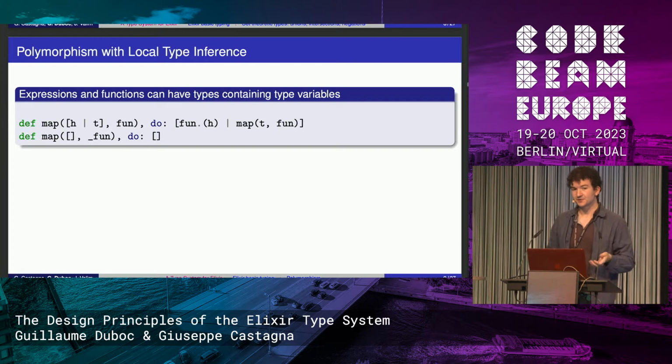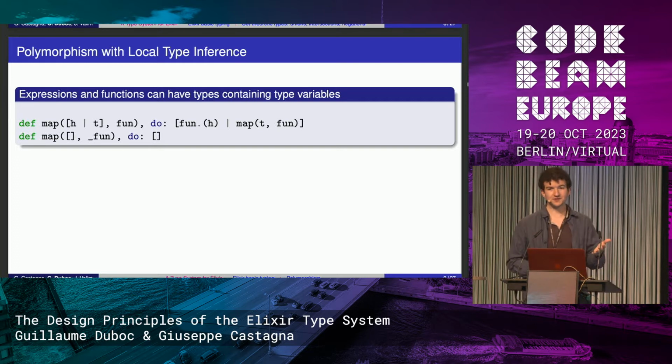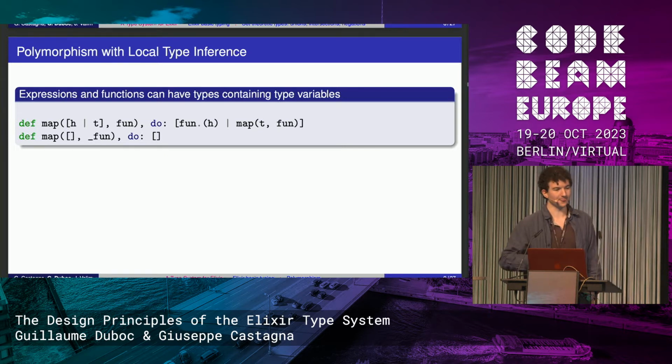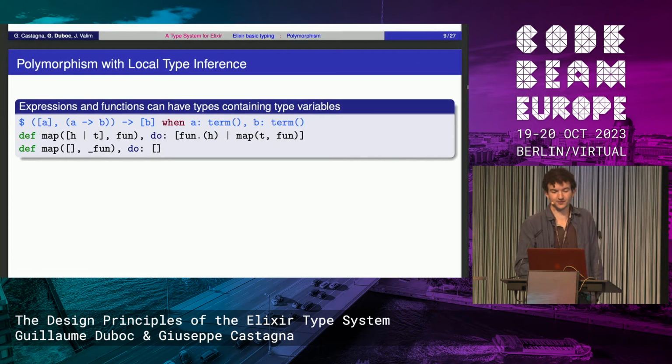The type system also includes polymorphism. Polymorphism is when a function can work on different types, and it's especially useful to write generic type annotations for functions, for libraries, such as the map function.